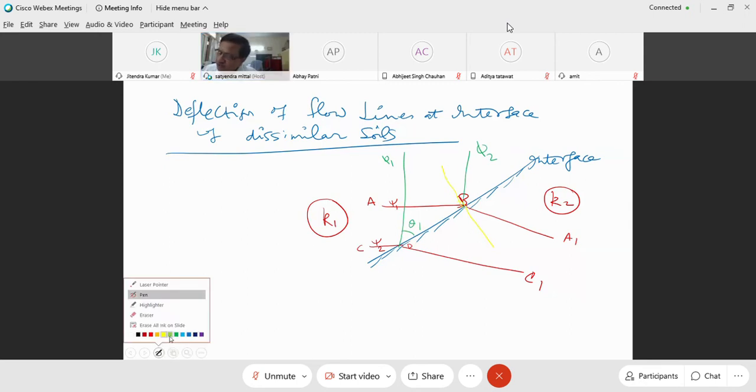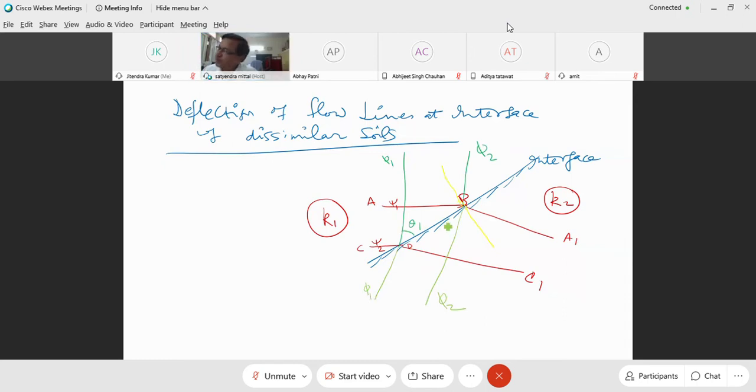Let me draw that these Phi1, Phi2 were the original equipotential lines, and after the deflected shape, this takes this shape and this takes this shape, like this.